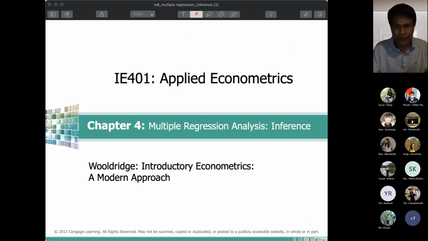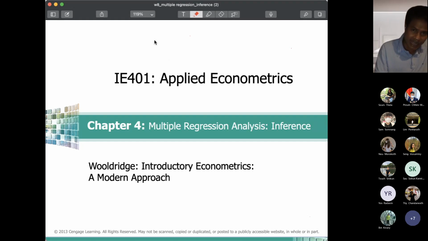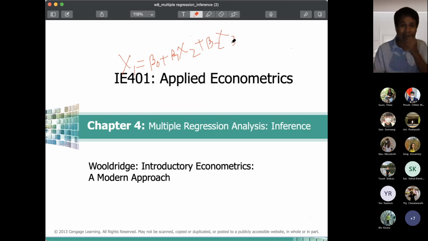Are you following me? So the R square in the variance here is the R square of the function of your x of interest. Let's say x1 equals delta 0 plus delta 1 x2 plus delta 2 x3. So the R square is the explanatory power of the other independent variables on your independent variable of interest.